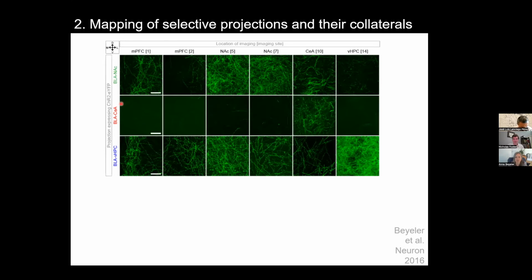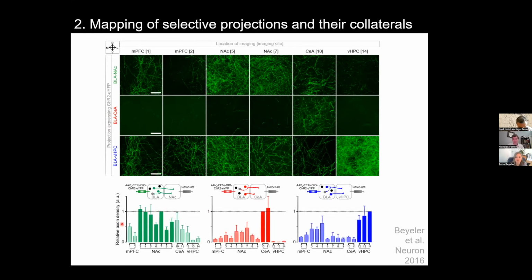Similarly, the densest projection for the neurons projecting to the central amygdala is the central amygdala, and the same for the ventral hippocampus. We then quantified the fluorescence intensity as I just described, and you can see that the reference is the highest in intensity for the 3 brain regions.